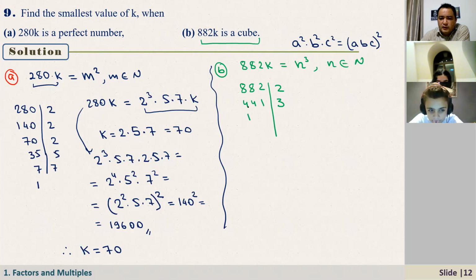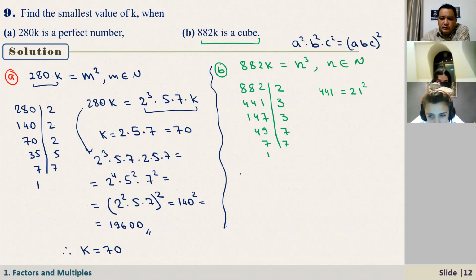Here we have 147, then 49, divisible by 7, it is 7, then 1. So actually it's a perfect square, right? 441 is equal to 21 squared. Okay, anyway, we don't actually need this. I just asked this question.